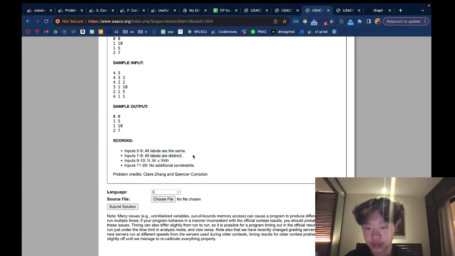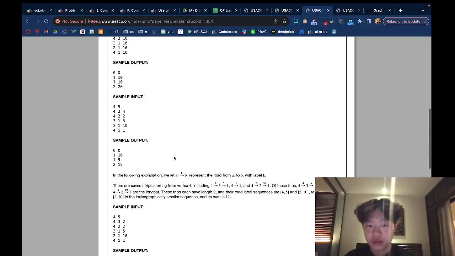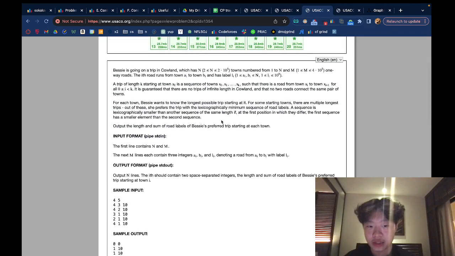Okay, 7 to 8 are inputs. Okay, if all labels are distinct. So if all labels are distinct and you're trying to find the minimum lexicographic sequence, then a sequence is lexicographically smaller, if it is the same length, if at the first position at which they differ, the first sequence has a smaller element than the second sequence.